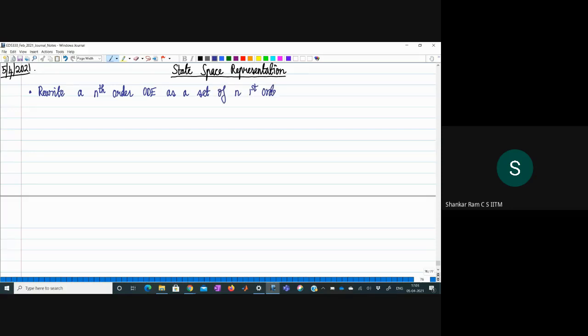That is the basic idea behind this state space representation. We stay in the time domain, but we rewrite the nth order ODE as n first order ODEs.